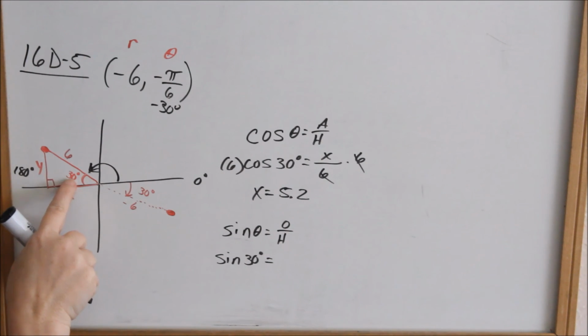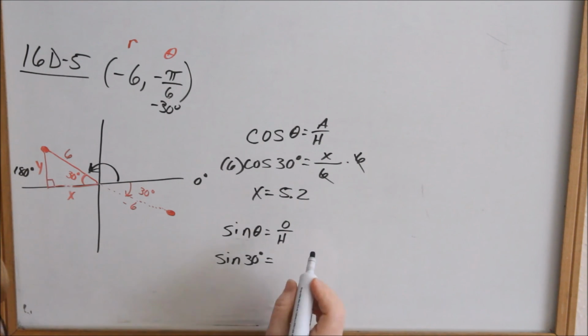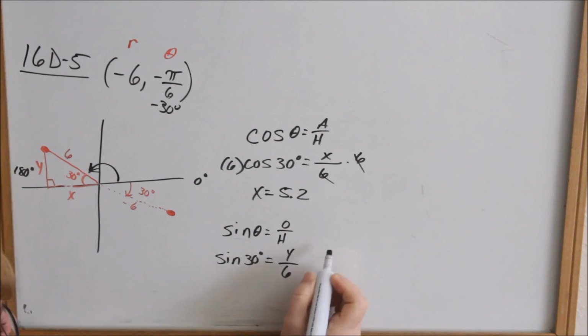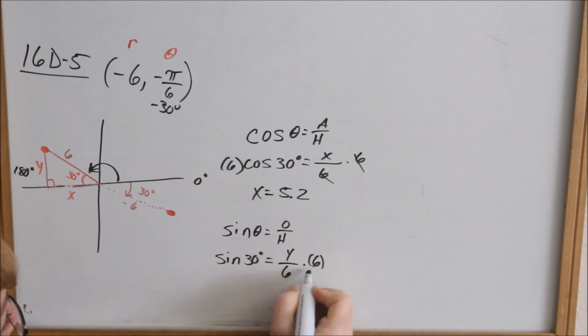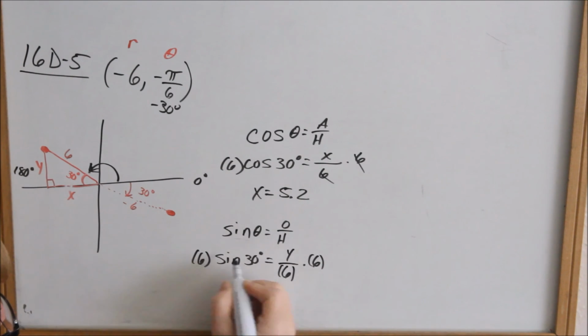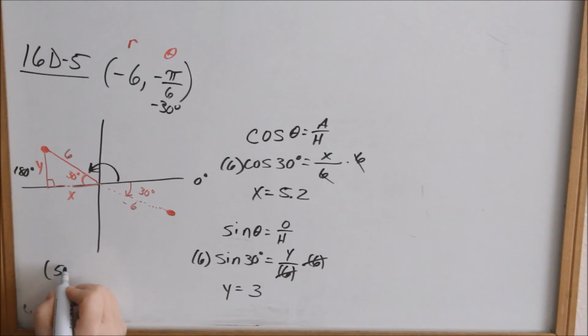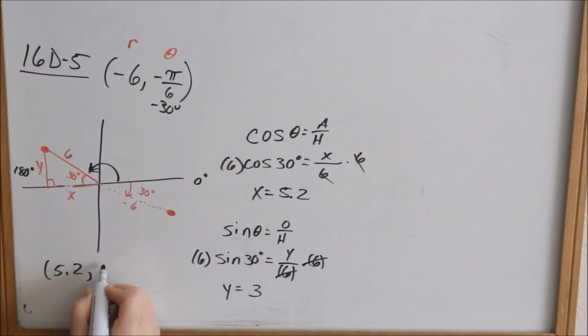So sine 30 is opposite, my y value, over my hypotenuse, which is 6. Solving for y, I can multiply 6 to both sides. Those cancel. And then my y value is sine of 30 times 6, which came out to 3. So now I know my x coordinate, and write them in the correct order, x, y, and then my y coordinate is 3.